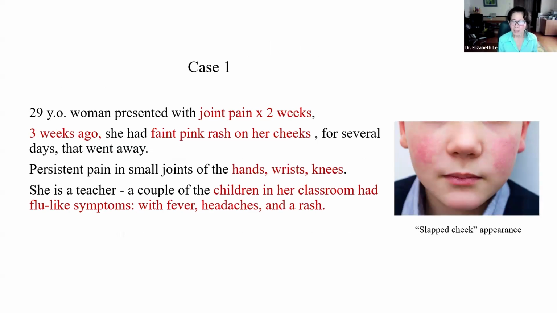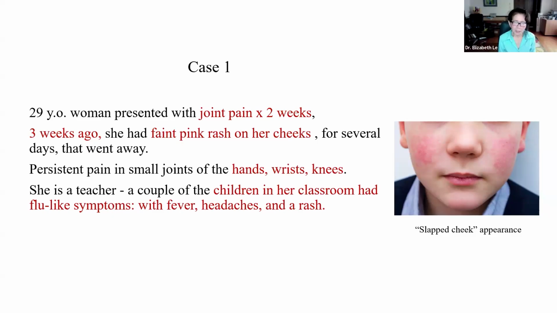So let's dive in. There will be 6 cases representing 6 different conditions. Let's do case 1. This 29-year-old woman just presented to your clinic, and she complained that she had joint pain for about 2 weeks. She said about 3 weeks ago, she had a faint pink rash on her cheeks for several days, and then it went away.